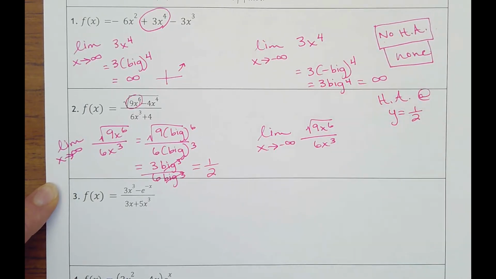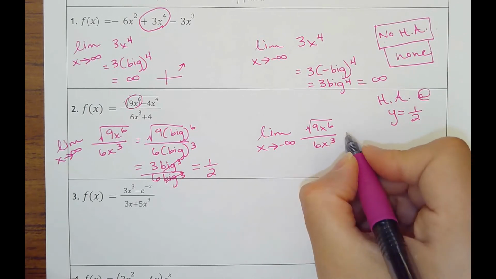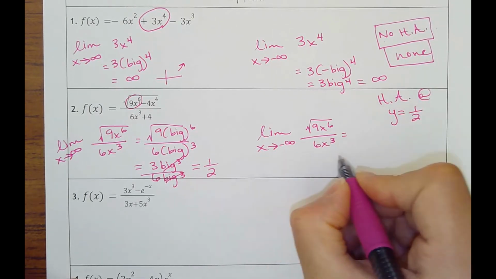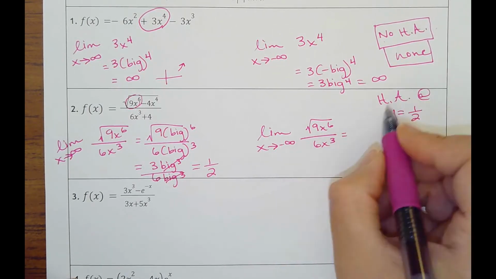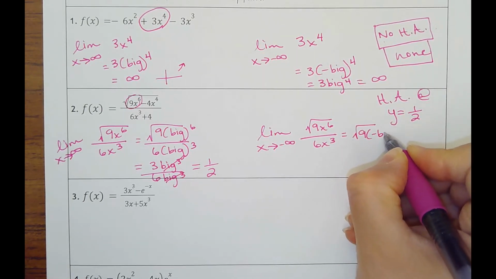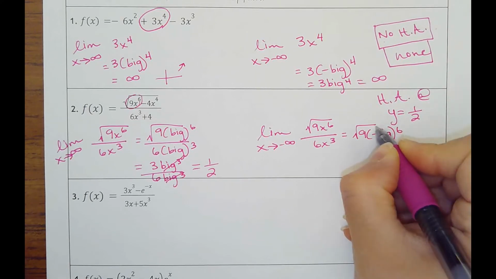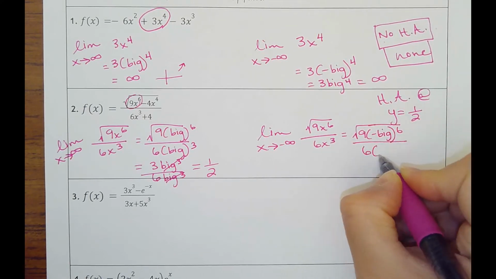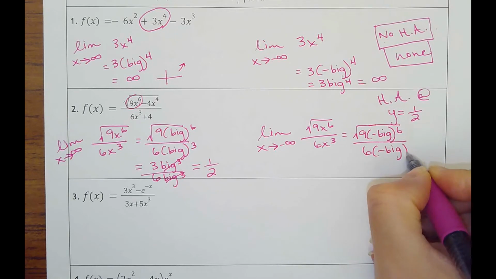There's at least one of them. Let's see if there's another one. This time I'm going to plug in a really, really big negative number. So I have square root of 9 times negative big number to the sixth over 6 times a negative big number cubed.